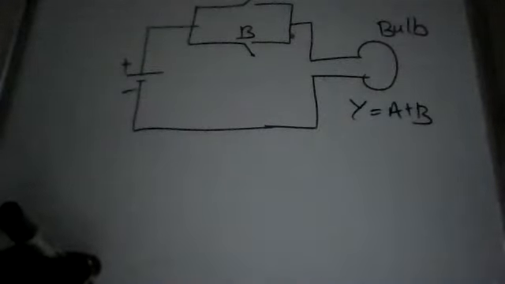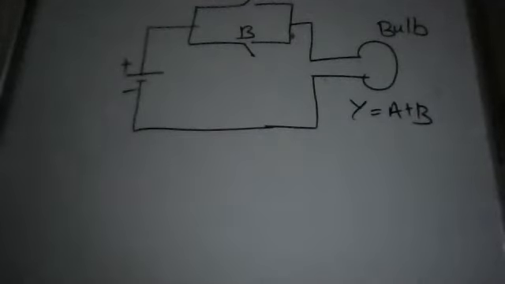Next, electronic circuit for OR gate. So this is the electronic circuit for OR gate.